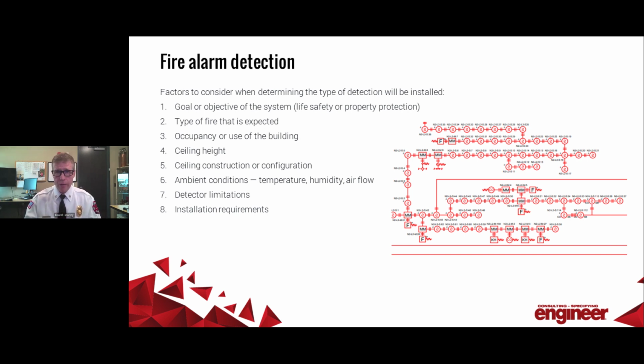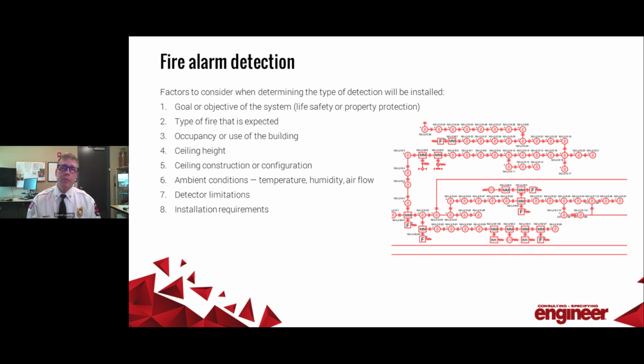Well, it also ties in to that goals and objectives as well. But then number 4, 5, and 6 that I listed up there: the ceiling height, ceiling construction and configuration, as well as the ambient conditions that can be expected in that particular space or building. Don't discount those, right?